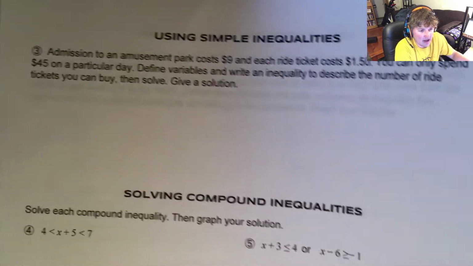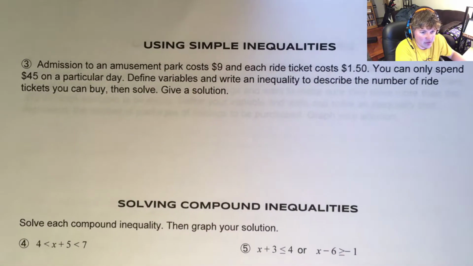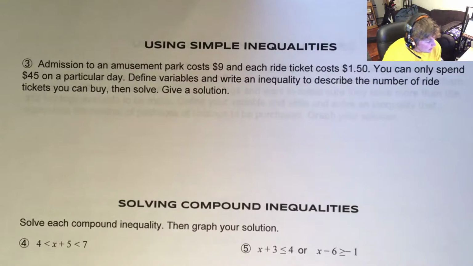Okay, so what we just did were called simple inequalities, okay? And so let's actually go ahead and just use a simple inequality to maybe solve something that's a little bit more of a word problem, to help us understand how they may work. So admission to an amusement park costs $9, and each ride ticket costs $1.50.